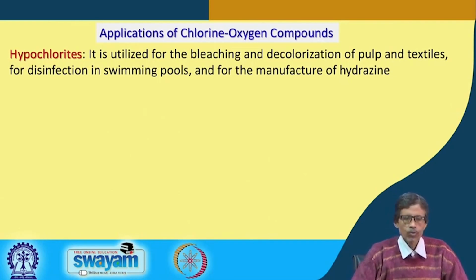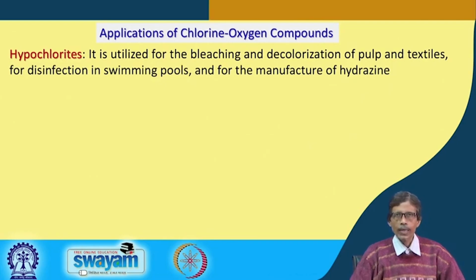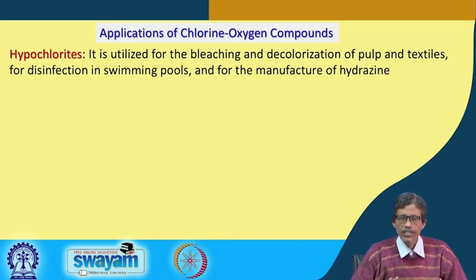It is useful for bleaching and decolorization of material used in the paper industry, the pulp, which is always red to brown to a very dark solution if coloring matters are still present. If we want to remove those coloring matters from the pulp bulk mixture, we use hypochlorite to decolorize so that you have a colorless solution.